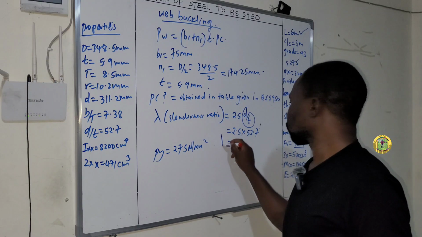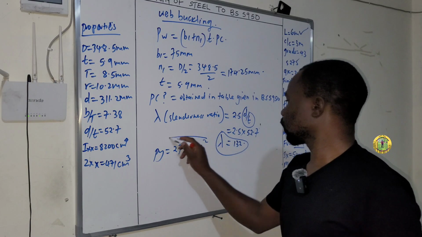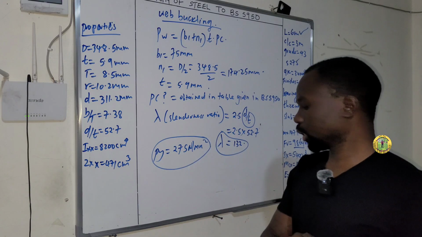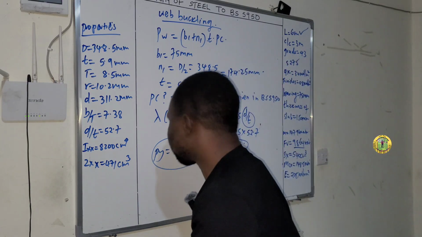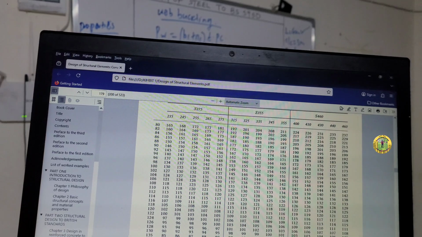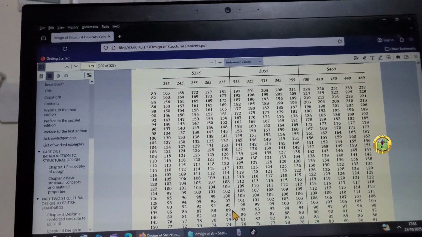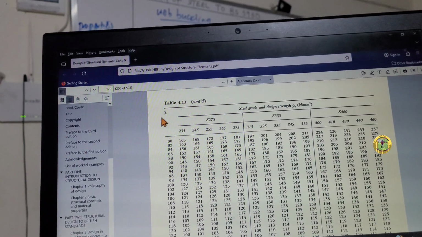So this, the slenderness ratio, will enable you to enter into a table given in BS 8110, and I will show you. So this is the table. As you can see, just see where my cursor is.